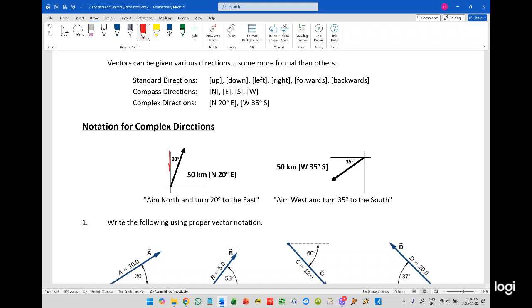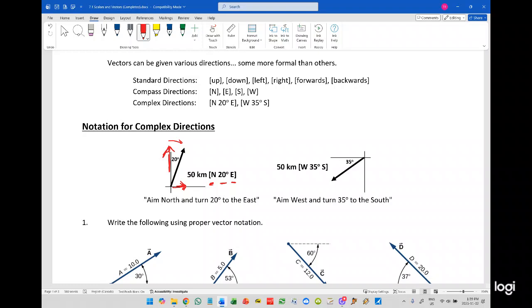For this first one, you'll notice that the arrow is more north than any other direction, but it's a little bit east. So the way that I would define that is by saying my dominant direction is north, and then I'm going to turn 20 degrees to the east. So dominant direction is north, and then turn 20 degrees to the east.